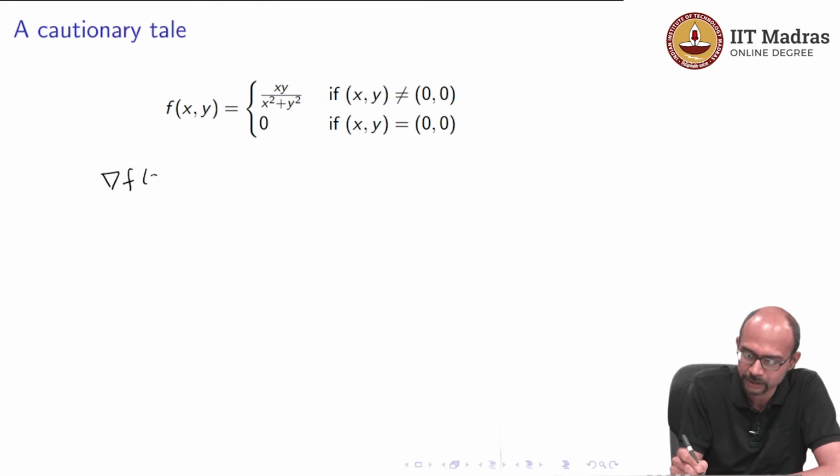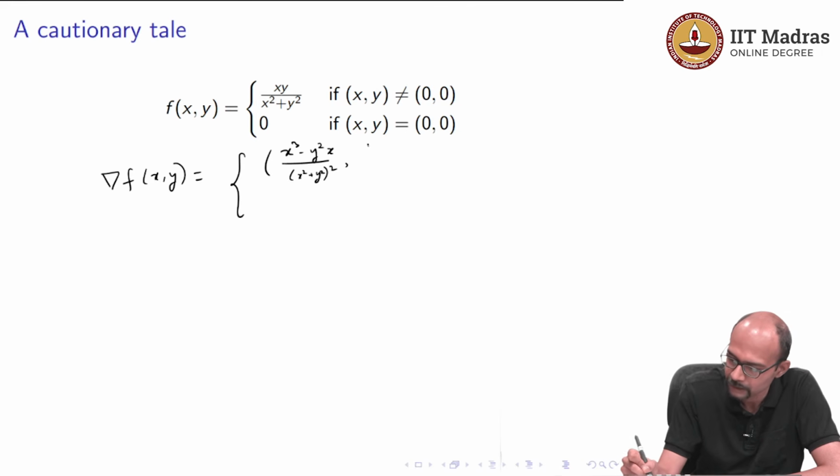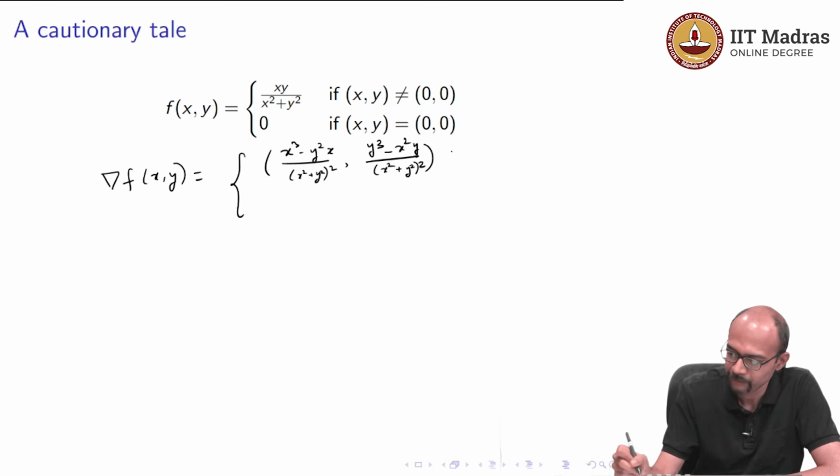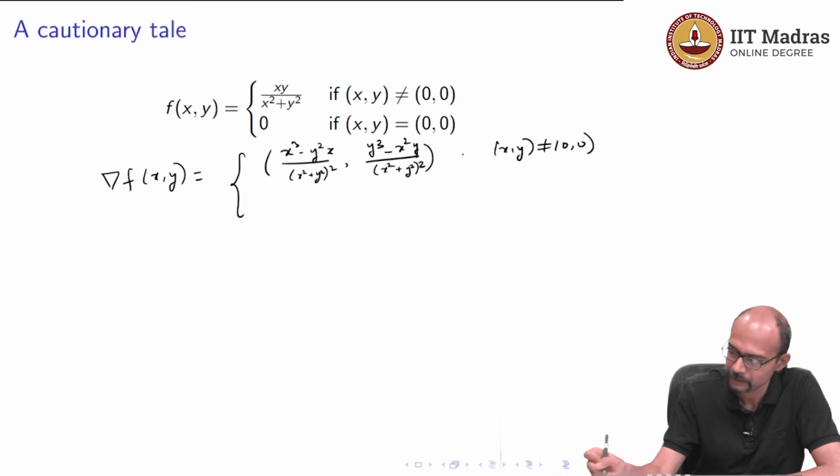So, the gradient for this is x cubed minus y squared x by x squared plus y squared squared, and y cubed minus x squared y by x squared plus y squared squared if x y is not 0, and it is 0 if x y is 0.